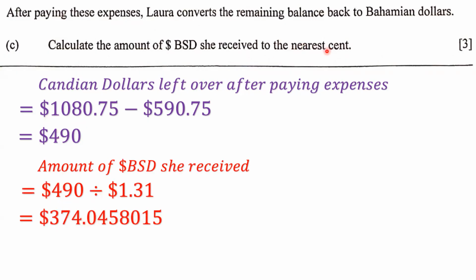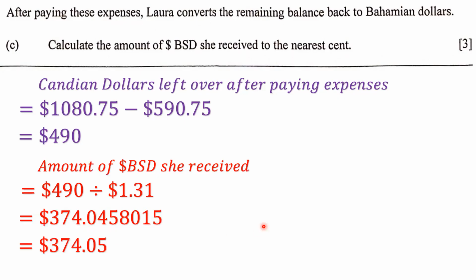But they say to the nearest cent. And so that means that we have to look at 4, right? And we have to look at the number behind 4. The number behind 4 is 5, so that means we're going to round up. So it's going to be 374.05 because 4 plus 1 is definitely 5. So this is the amount of Bahamian dollars that she received to the nearest cent.